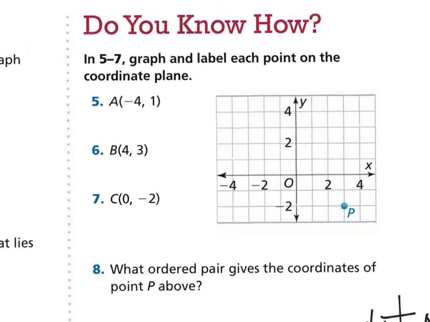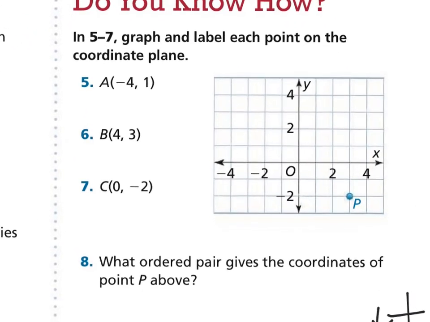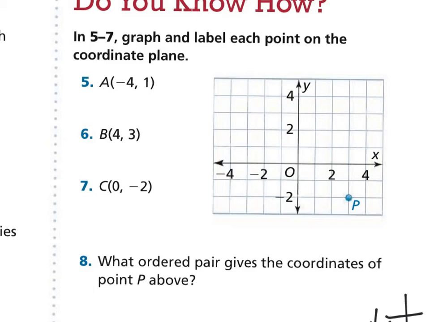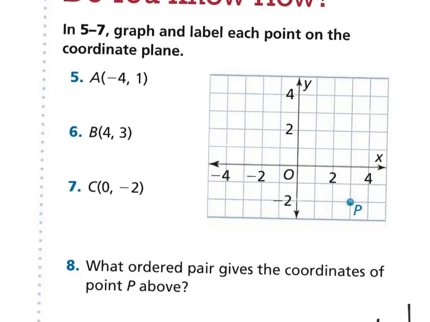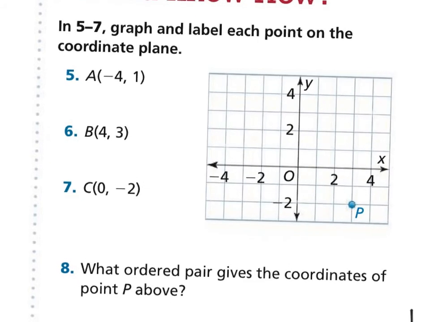If we look at the Do You Know How, they want us to graph and label these points on the coordinate plane. For number 5, they want us to graph A, which is at -4, 1. We start at the origin, go on the x-axis over to -4, and then go up 1.